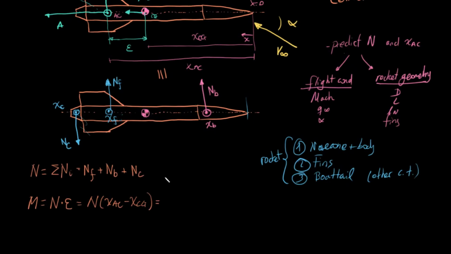So it's going to be the moment due to the body, and here the distance from the aerodynamic center of the body and nose cone to the center of gravity. So we'll call this xb minus xcg, and the same with the fins and the conical transitions.